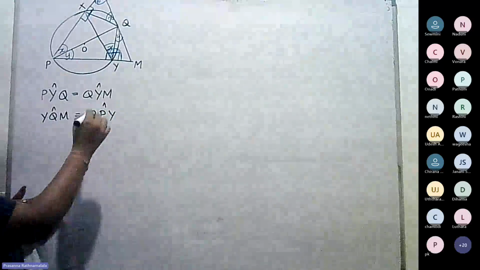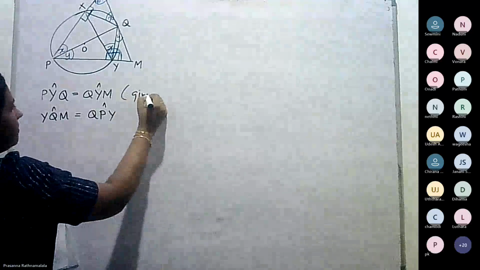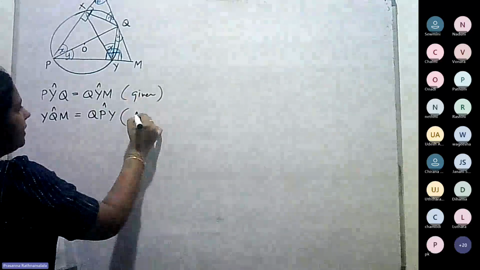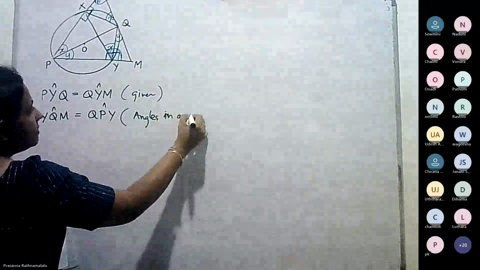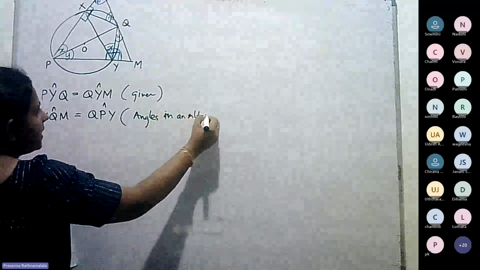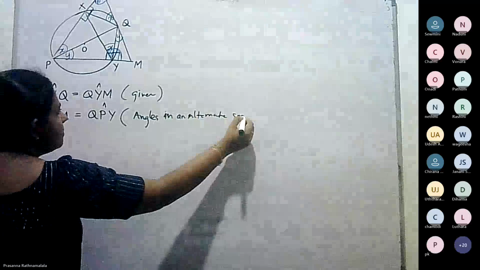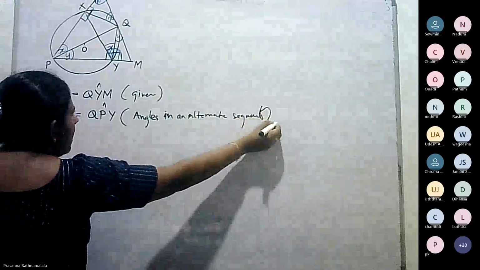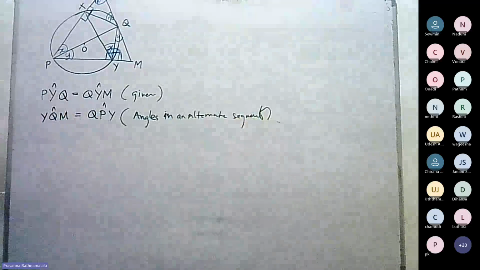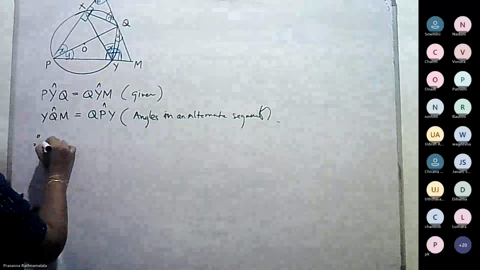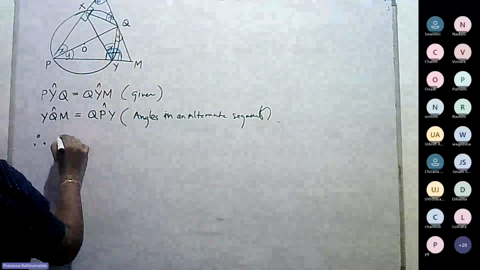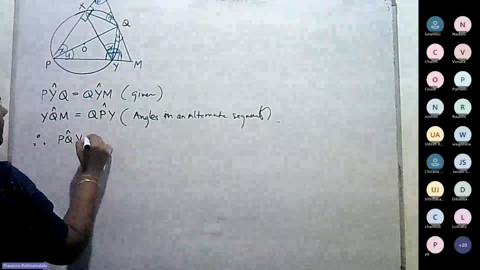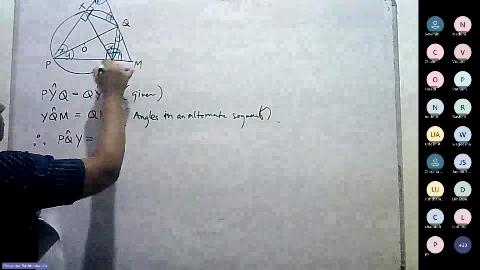The reason: this is given, this is the angle in an alternate segment, and they are equal. Therefore the remaining one, PQY equals QMY.